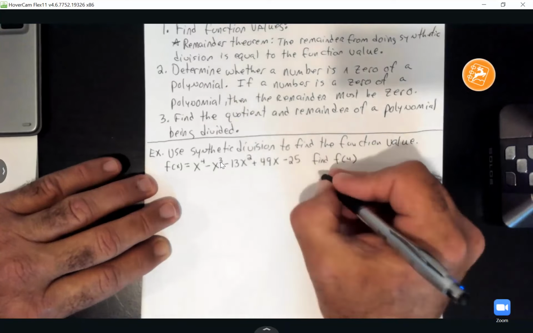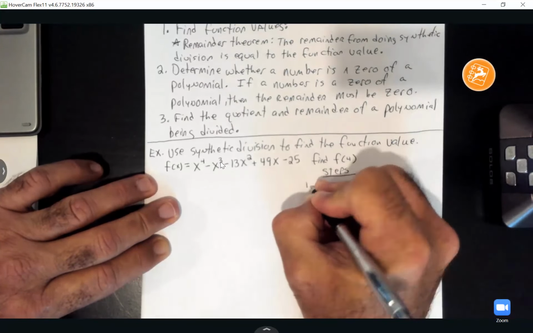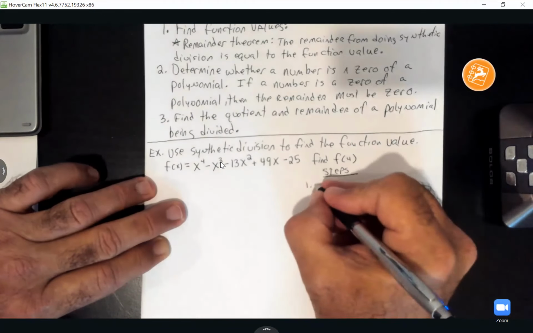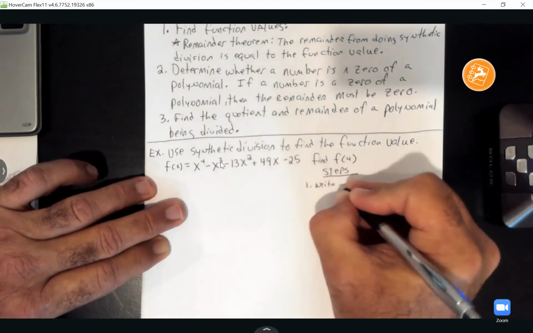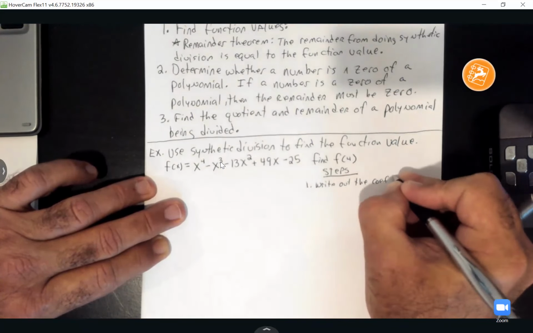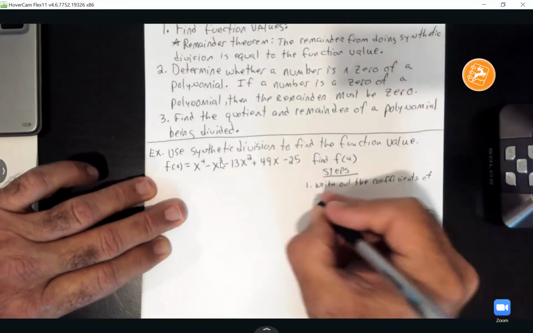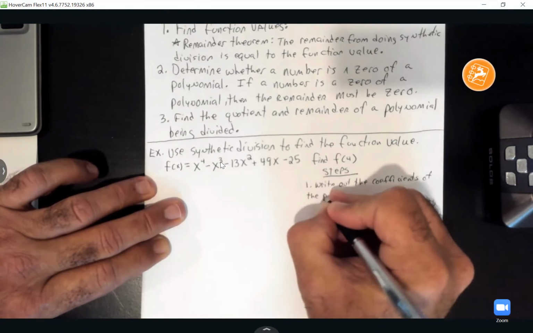All righty, so here's going to be the steps on the side. The first step we do, we're going to write out the coefficients of the polynomial.